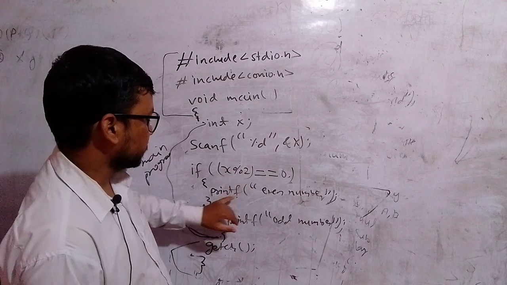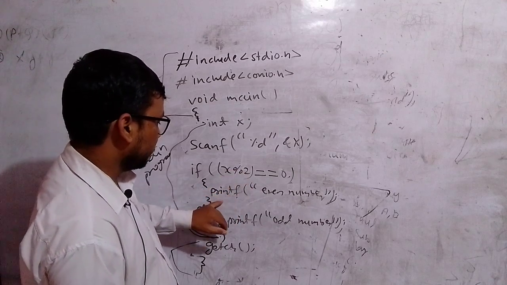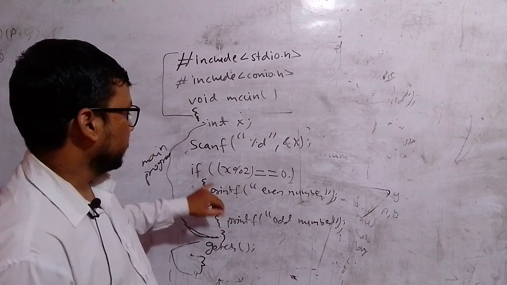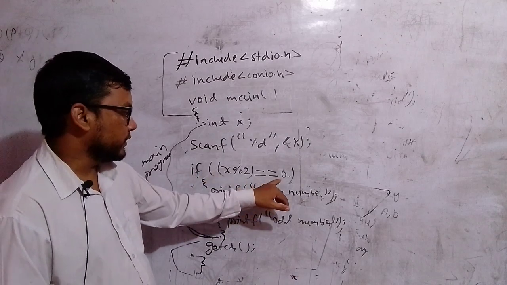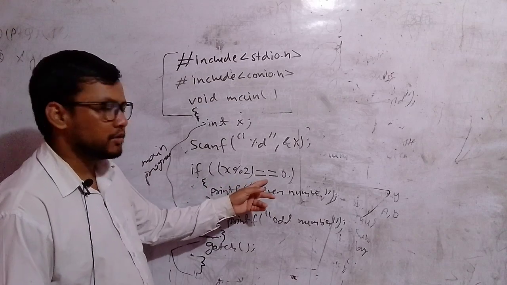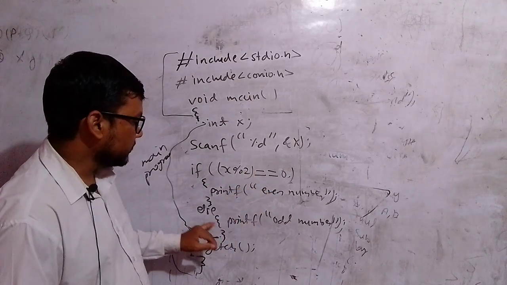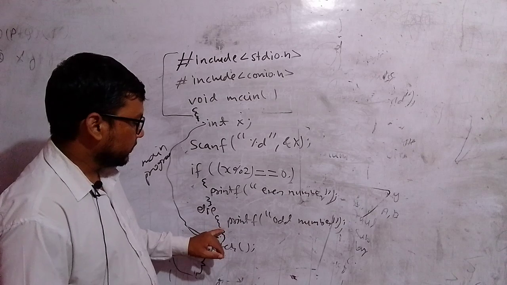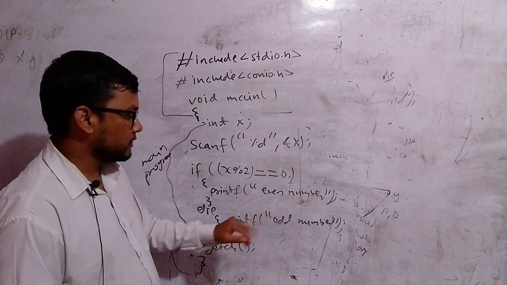All the statements between these two brackets execute. Now if this condition is true, then this statement will be executed. Otherwise, if it is false, then the bracket inside the else will be executed.